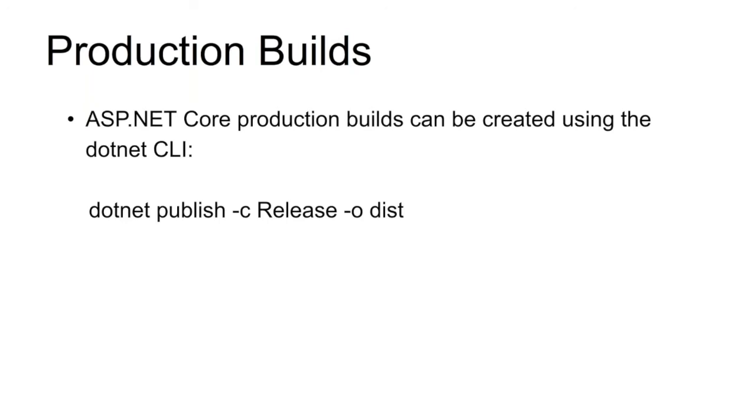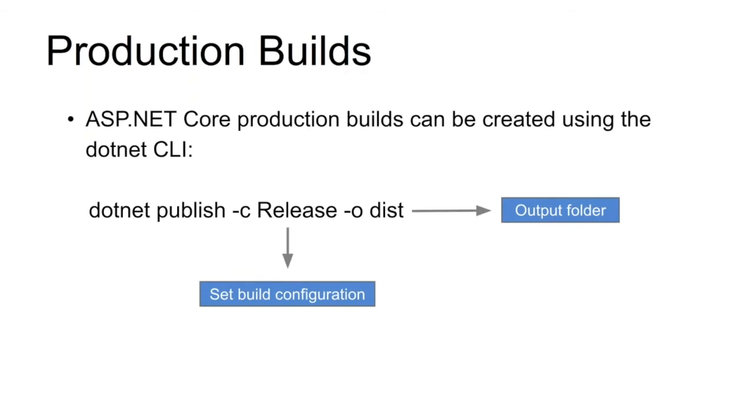Who knows? Well, we can of course use dotnet publish, and then for the configuration of the release, that's the -c, we could say release, and then the output folder of our DLLs is going to be dist in this case. And that's where everything would be copied. Now this command is something that a few of you may run right from Visual Studio.